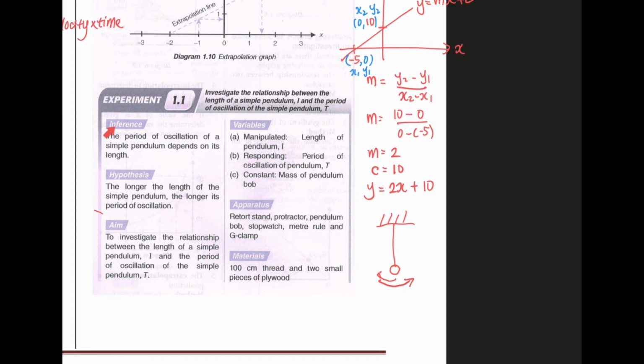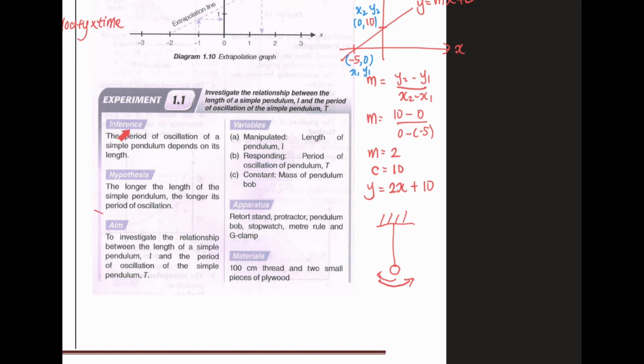Inference means you set up the relationship between the variables. The period of oscillation of a simple pendulum depends on its length. So how to say inference?